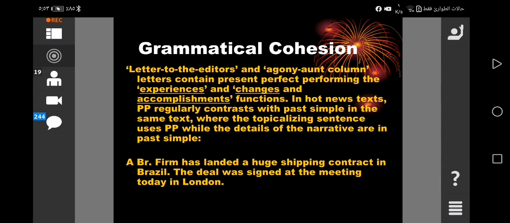You topicalize it. The deal was signed at the meeting today in London. So you make it specific, or you bring it to the focus of attention, topicalize it. When generally stated, present perfect. When it's made specific, then past simple.